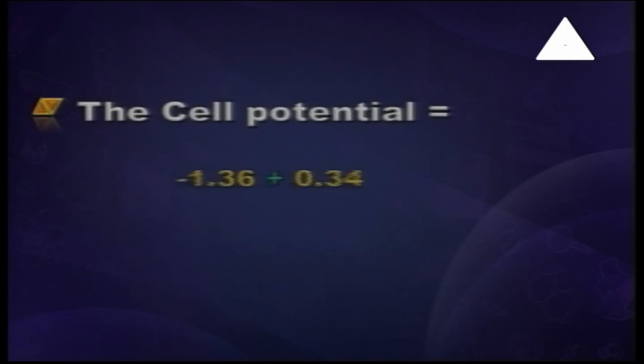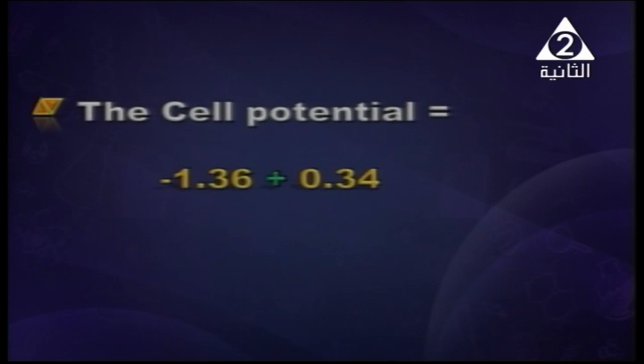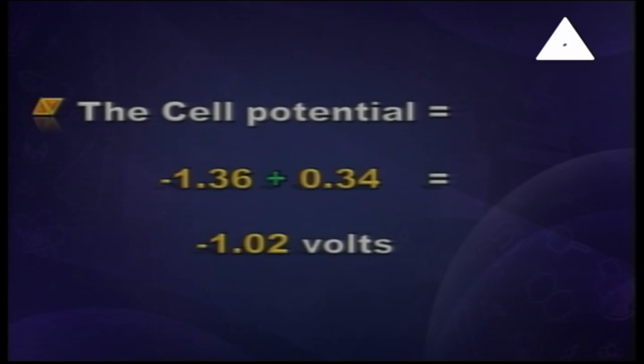The cell potential equals negative 1.36 plus 0.35 equals negative 1.02. Oh, the sign becomes negative.